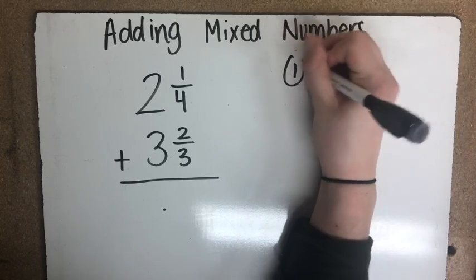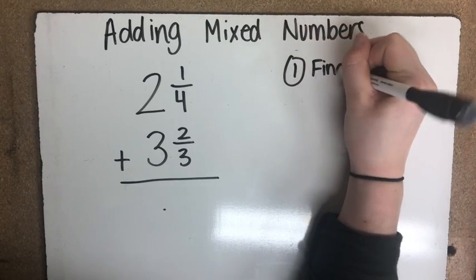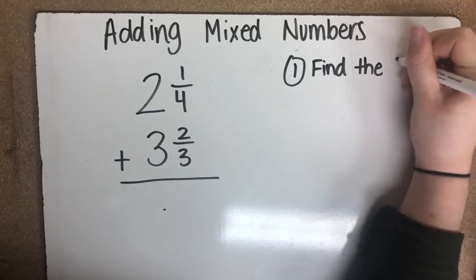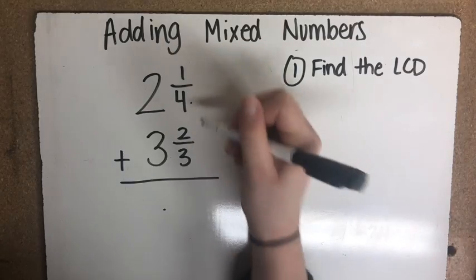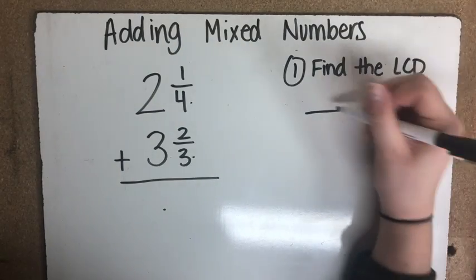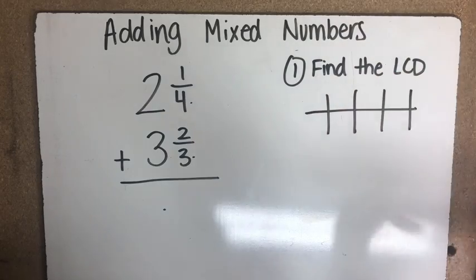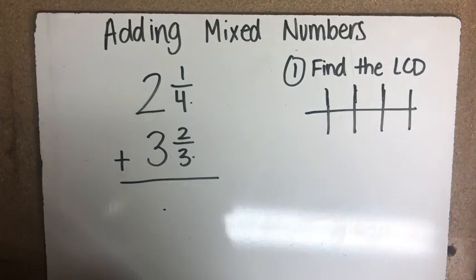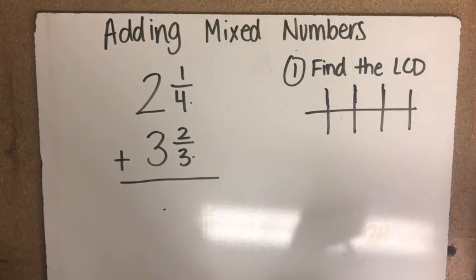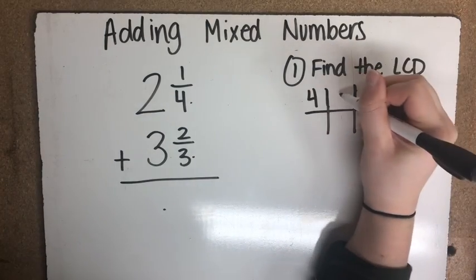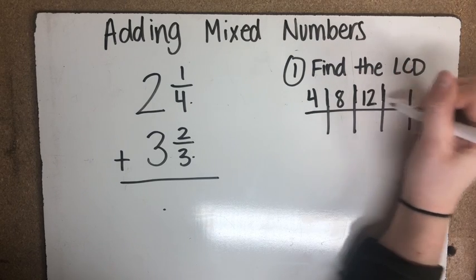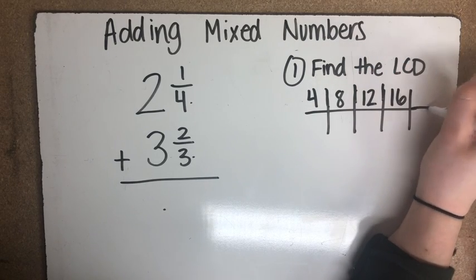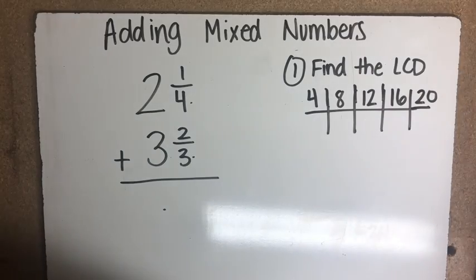So my first step is to find the least common denominator of 4 and 3. So I will make my chart and let's start with 4. You can use a multiplication table to help you with finding the multiples. 4, 8, 12, 16, 20.